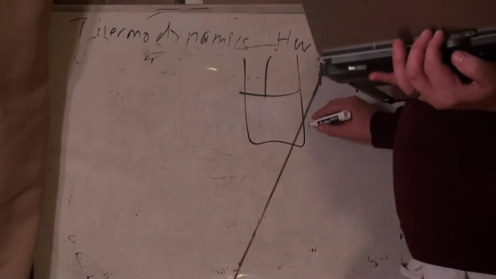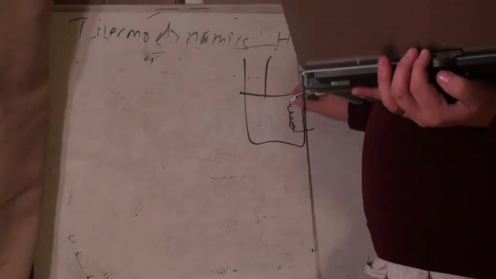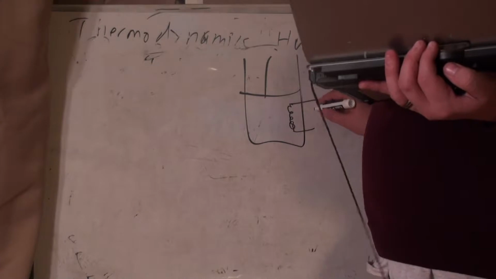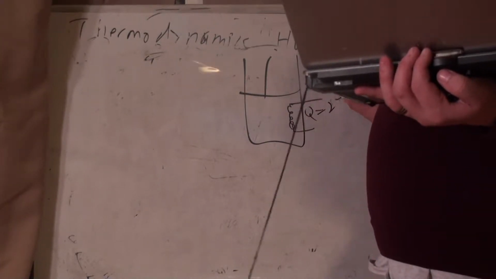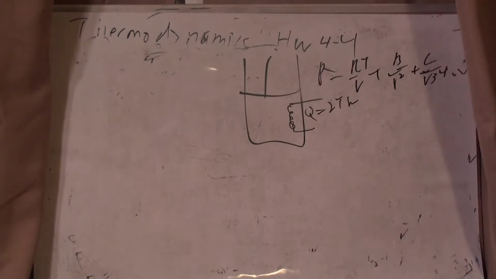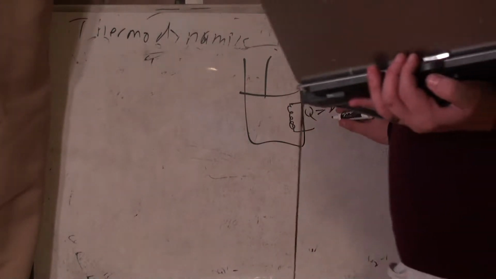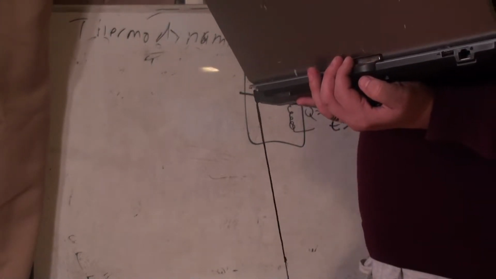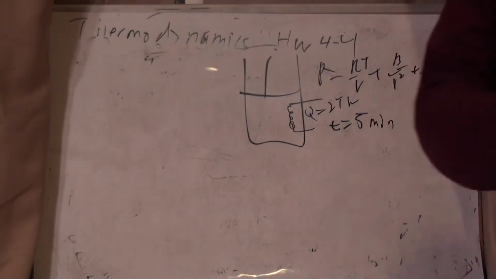We have a 24 watt heat resistor. 24 watts. It's turned on for 5 minutes, so time equals 5 minutes.